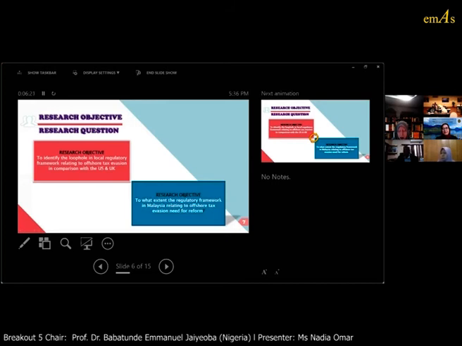Because they are anti-tax evasion, and they have very significant developments relating to anti-tax evasion measures. So in order to achieve the objective, the question to be asked is to what extent the regulatory framework in Malaysia relating to offshore tax evasion needs reform.